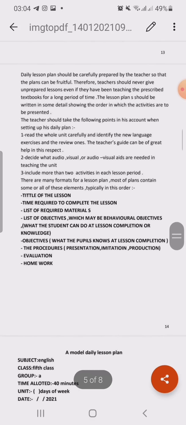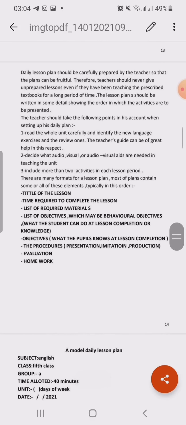The daily lesson plan should be carefully prepared by the teacher so that the plans can be fruitful.